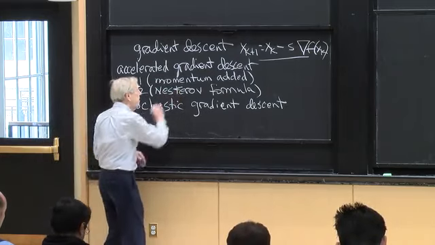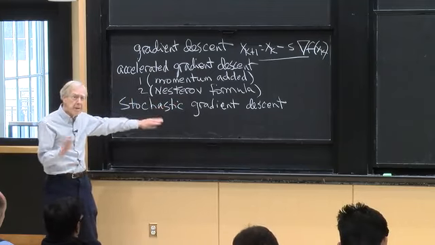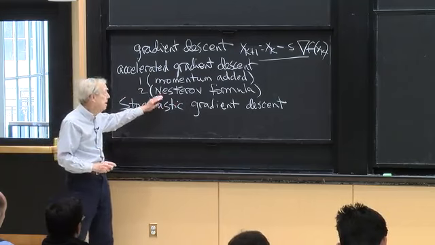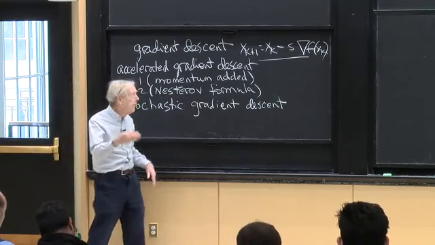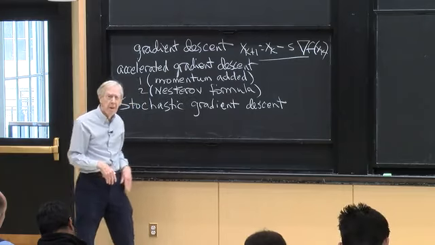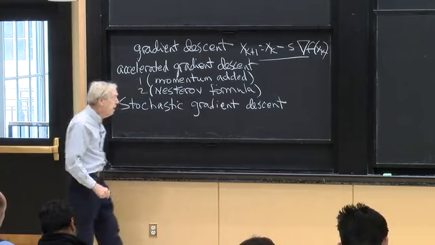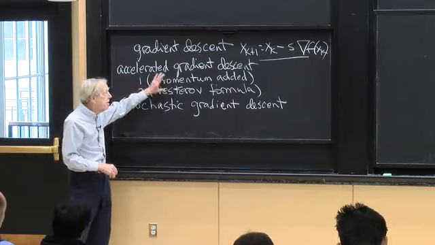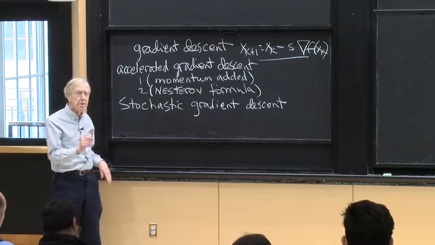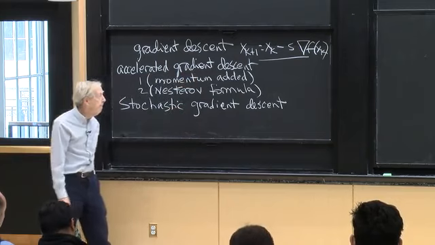There's a Russian guy named Nesterov. His papers are not easy to read, but they've got serious content. And one thing he did was find an alternative to momentum that also accelerated the descent. So these both produce faster descent than the ordinary one.